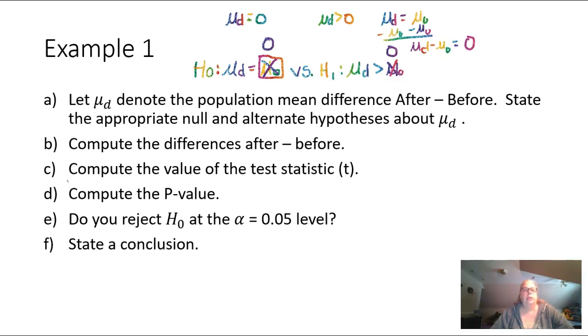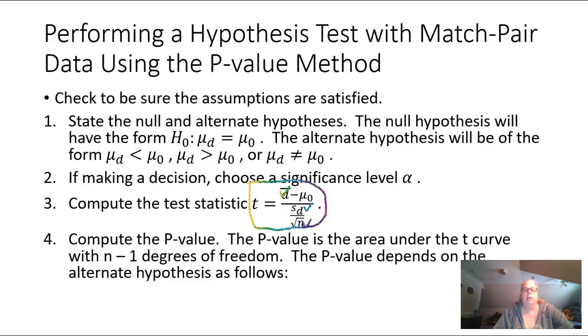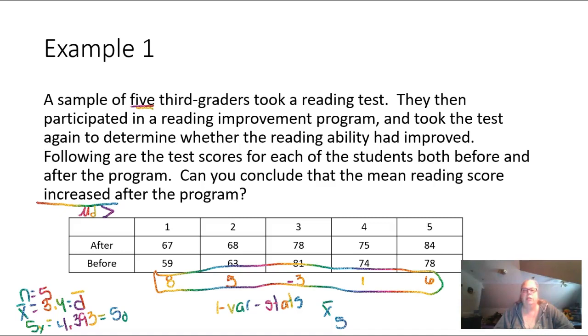All right, let's go and get our test statistic again. Now that we know we're going to be using this number as 0, we're going to fill in our test statistic.